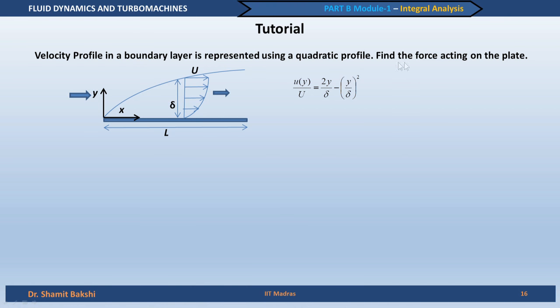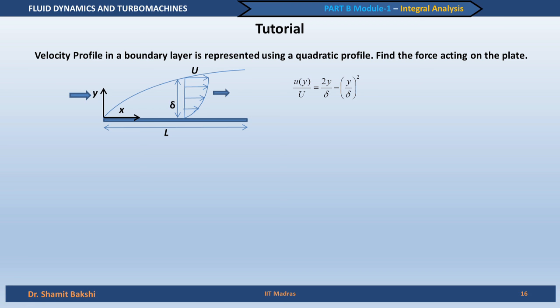So, the velocity profile is the same. What we want to find is the force acting on the plate. So, this is the plate, and we want to find out the force which is acting on the plate. In other words, what is the force required to keep this plate stationary?